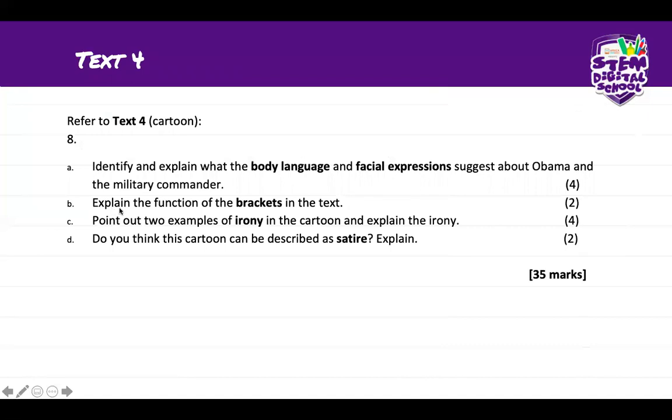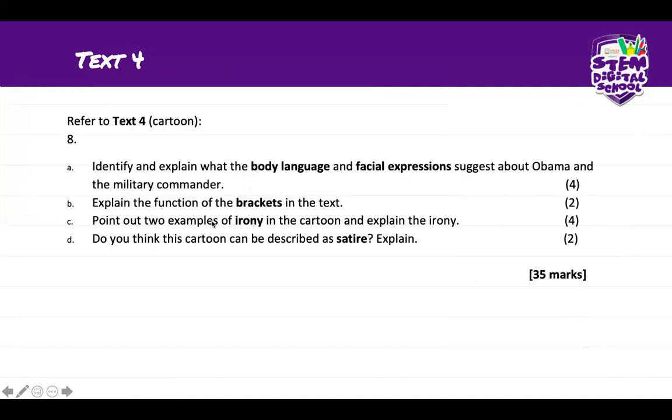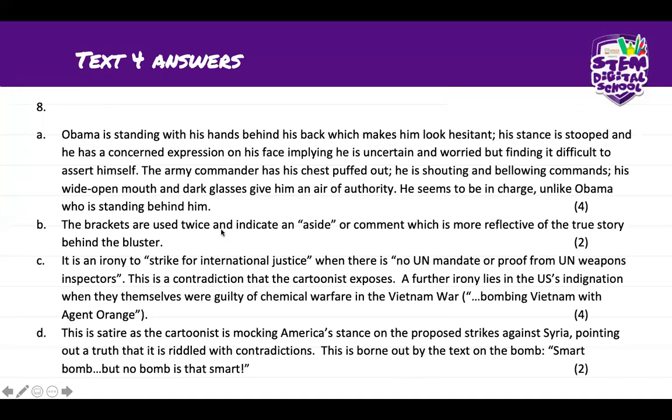Okay, explain the function of the brackets in this text. Look at that there. What would the usual function of brackets be? The brackets are used twice to indicate an aside. Remember, an aside in literature, guys, is a thought while doing something, or a thought while saying something.